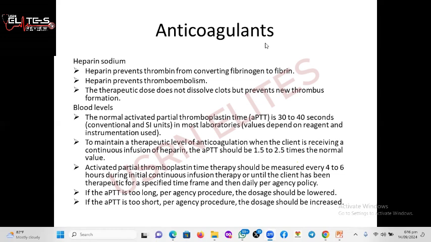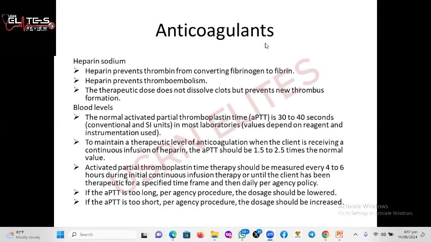For instance, if a patient is having any DVT or deep vein thrombosis, or a client is at risk of developing clots, we give the anticoagulant heparin to prevent clots from occurring or developing. Or if the client is already having clots, the heparin will help prevent the clots from enlarging and further clots from developing. It will not actually dissolve them.